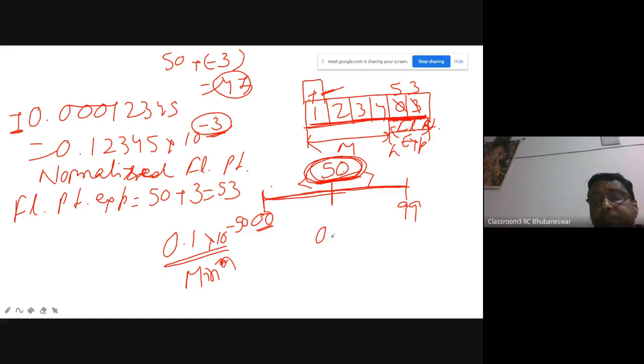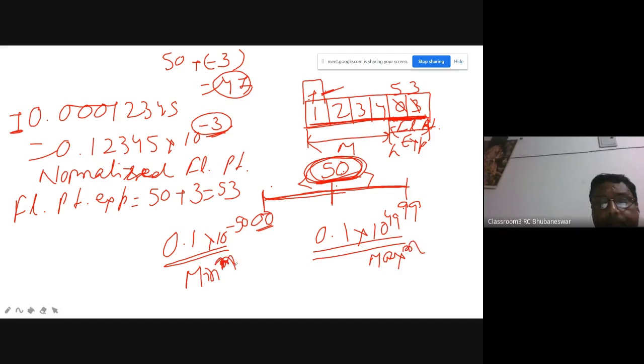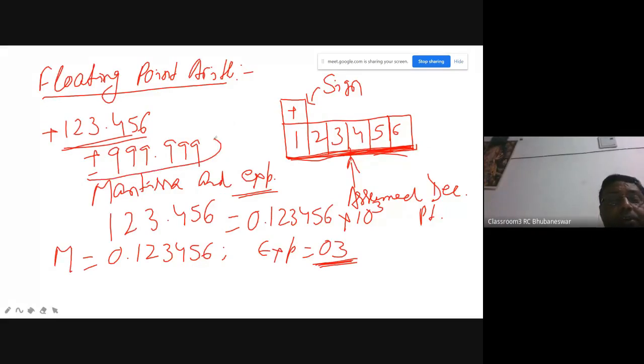And maximum is 0.1 into 10 to the power 99 minus 50, so it should be 49. This is your maximum value. Are you getting it? That means previously your range was plus minus 999.999 with this 6-digit format.